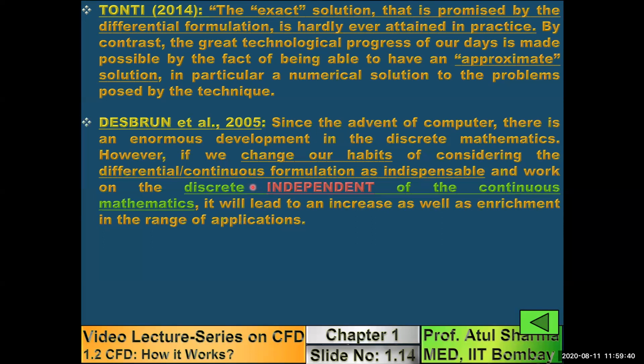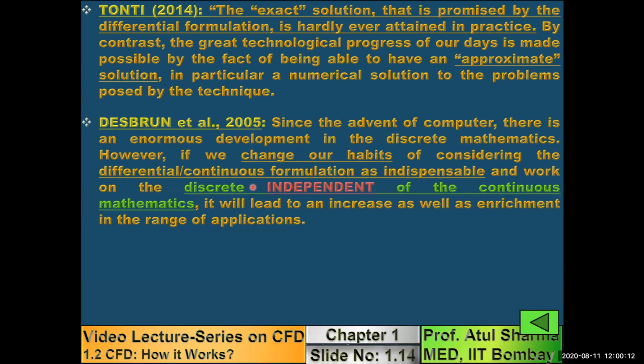In this paper, they have highlighted that probably we have been addicted to our habit of considering the differential or continuous formulation as indispensable. We have been using continuous math or differential calculus for generations, and we have been habituated to consider that algebraic formulation has to start with the differential formulation.